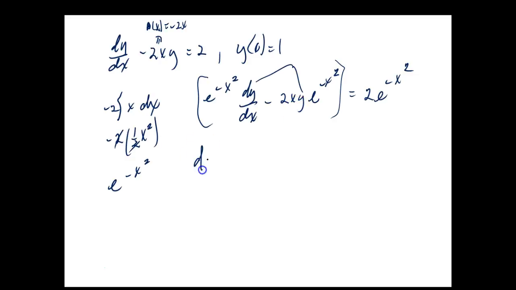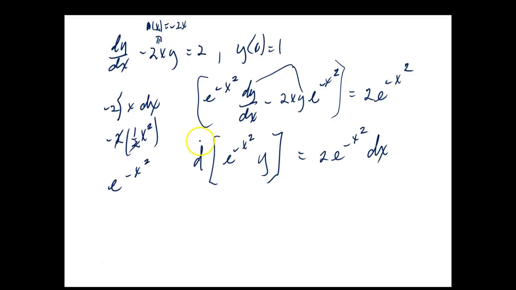So this is the differential of e to the minus x squared y, is equal to 2e to the minus x squared dx. I wrote it in differential form at the same time.